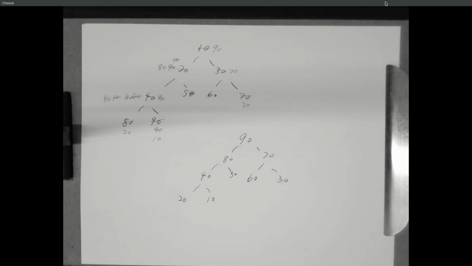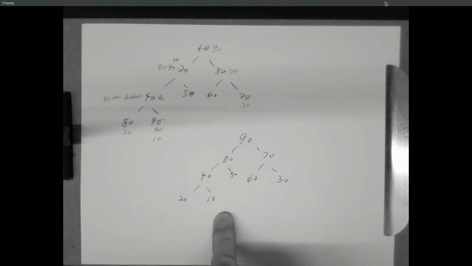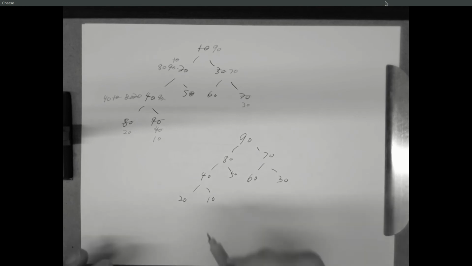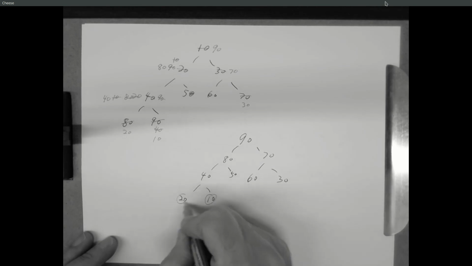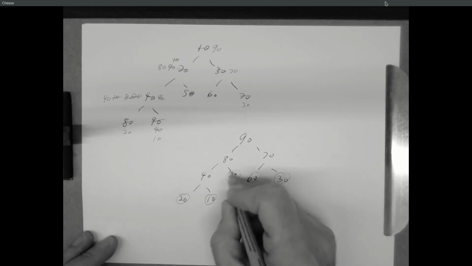Okay, why is this better than just inserting your n pieces of data one at a time? I've got 9 things in this heap. The first 5 elements I didn't have to do any work on because they didn't even have any children.